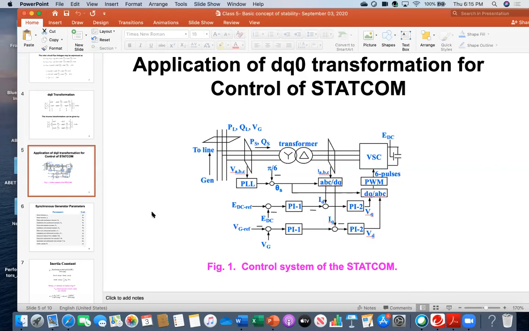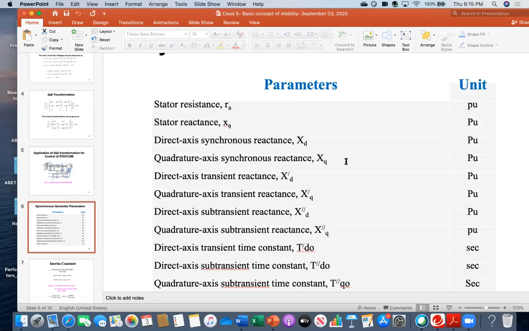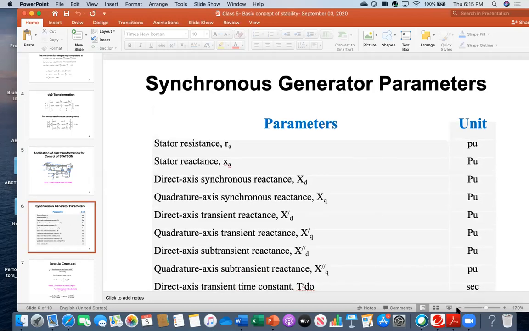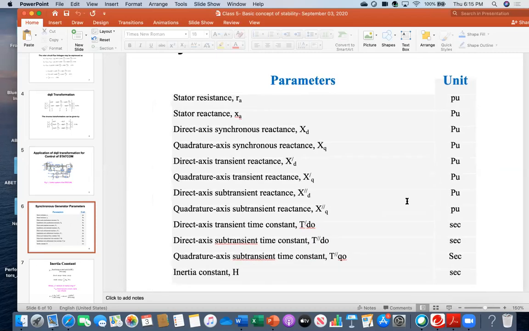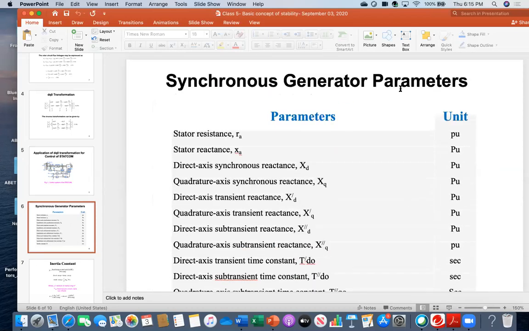Okay, great. So now moving forward, everybody see this slide. The title goes synchronous generator parameters. Now you know that the synchronous generator stator has the coil, and we already discussed it has inductance, and then the rotor circuit has the magnetic field coil, and that is also inductance.